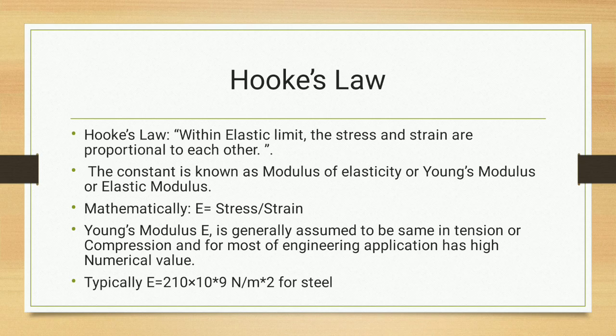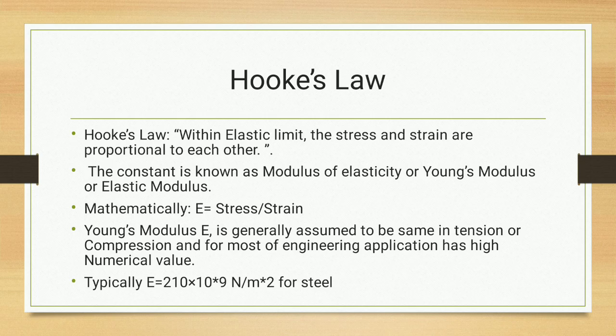Hooke's law. Hooke's law says within elastic limit, the stress and strain are directly proportional to each other. The constant is known as modulus of elasticity or Young's modulus or elastic modulus. Mathematically, Young's modulus E, or modulus of elasticity E, equals stress by strain.